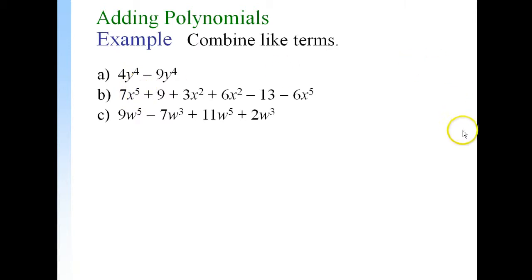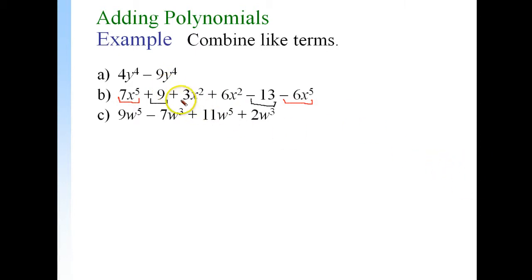Now for this next one, as we look at it, we want to identify our like terms. So these and this are like terms. We have a 9 and a 13 are like terms. You have to be careful of the signs.